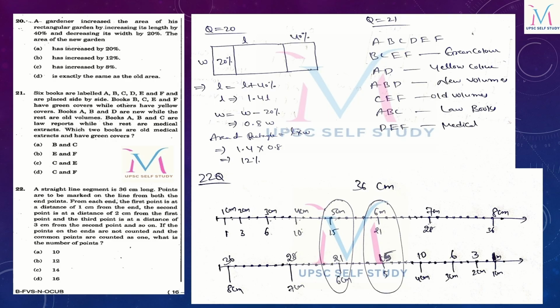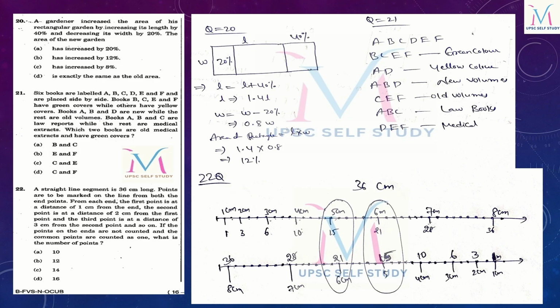So in the question it is said that common points are treated as 1. This 15, 21 and this 21, 15 should be treated as common points, which means there are 4 points, right? We should count them as only 2 points. Since there are 4 points that are common, we should make them 2 points. Common points are counted as 1.